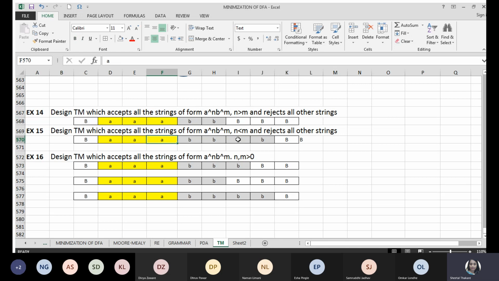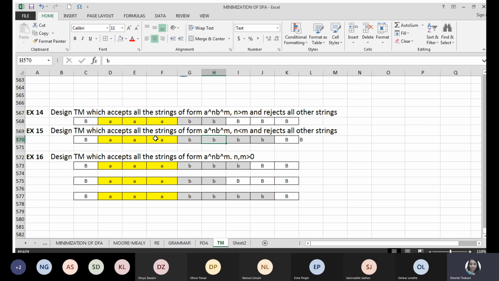In this case, 3 B's will get striked off, only this B will be left. As soon as the third B gets striked off or converted into Y, you will keep moving to left in search of A. So to locate leftmost A, what you are doing?